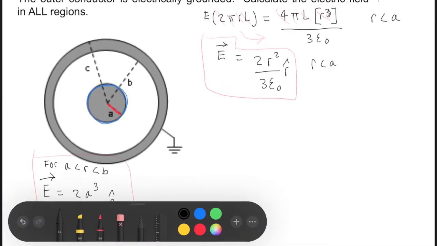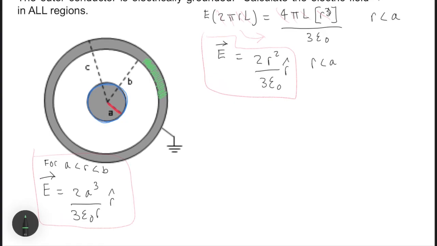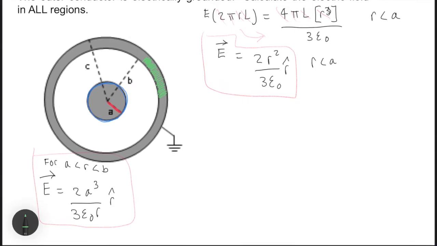All right. Now we want to consider this region here, which is in between b and c. And one of the properties of electric fields and electric charges is that an electrostatic charge on a conductor can't contain any charges. So if you have a conductor, we can say that the electrostatic field is equal to 0.